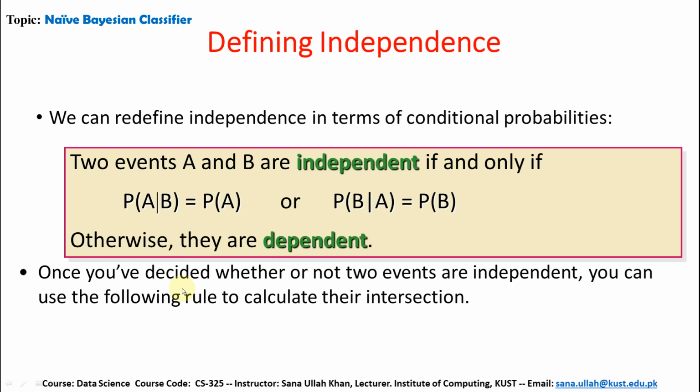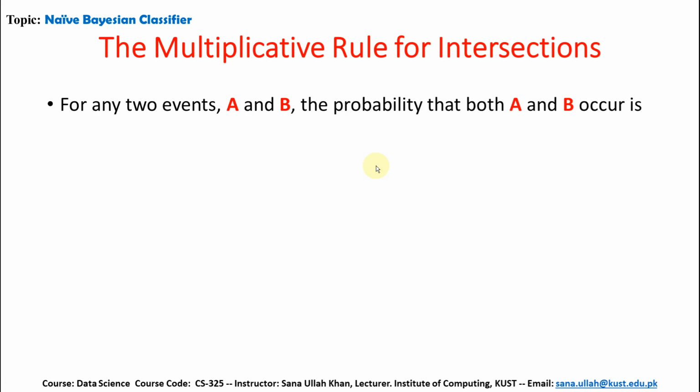Once you have decided whether or not two events are independent, you can use the following rule to calculate their intersections.